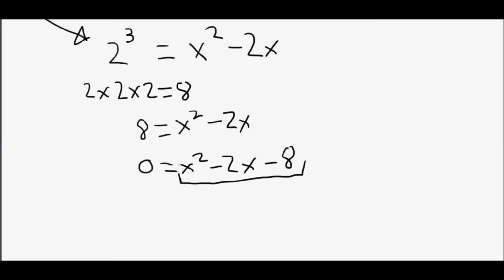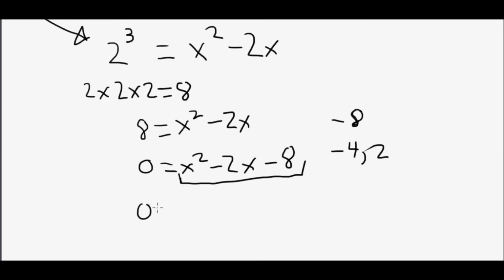The coefficient of the x squared term is 1, and the constant is negative 8. Two numbers that multiply to negative 8 have to add up to negative 2. I know that there's negative 4 and 2. Negative 4 times 2 is equal to negative 8, and negative 4 plus 2 is equal to negative 2.